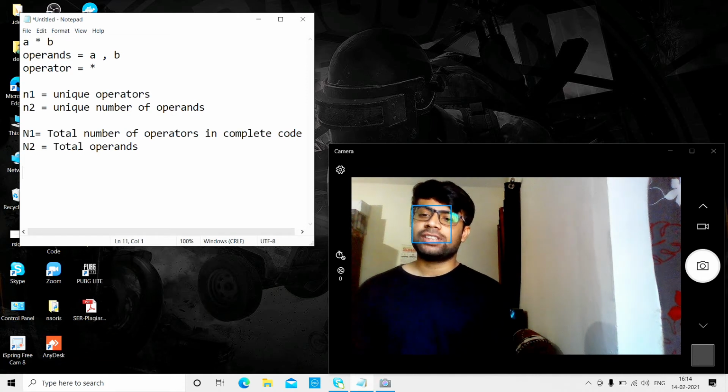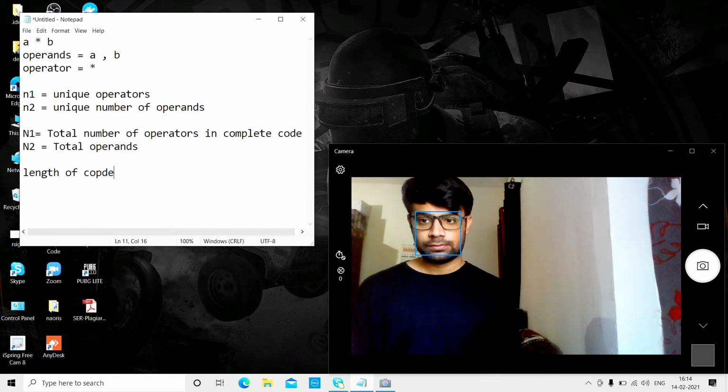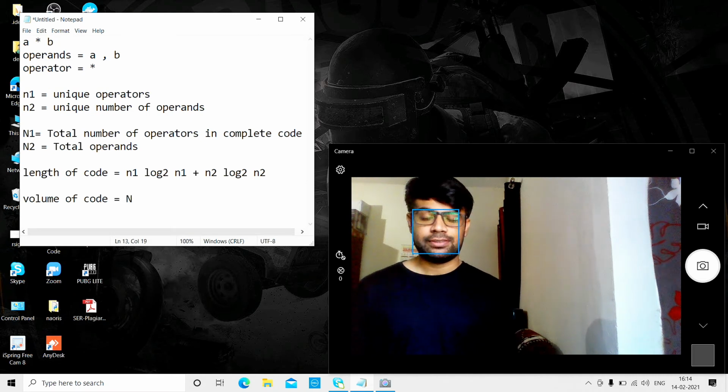If we are going to measure the length of the code, the formula for the length of the code can be determined by n1 log base 2 n1 plus n2 log base 2 n2, and the volume of code equals N log base 2 of n1 plus n2, where N is the total number of operators and operands in your code.